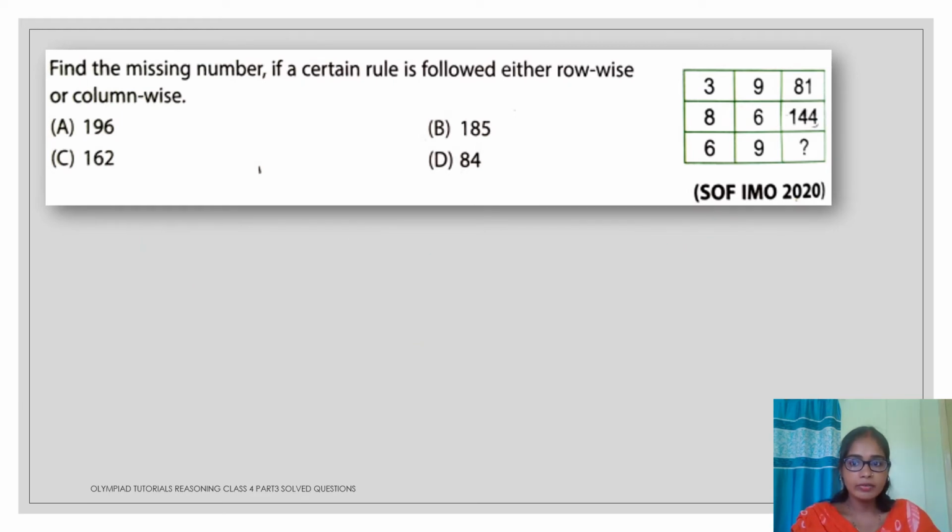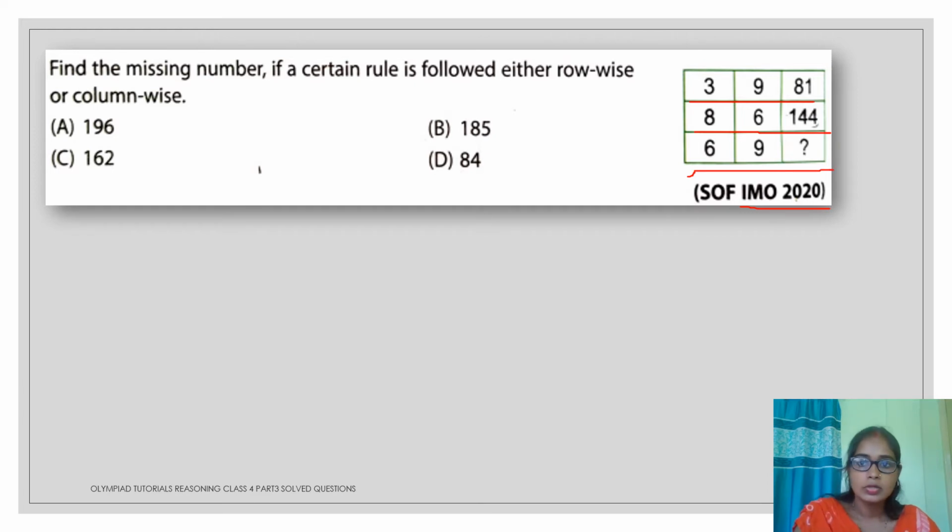Again, here you have a given table and you have to find a missing number using a certain rule. So first of all, you have to carefully observe the table, and this question was asked in the math paper of 2020. Okay. So here you have to try to multiply and check whether there is a row-wise relationship between the numbers.